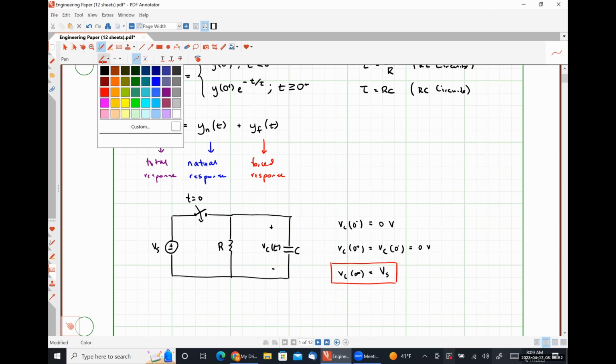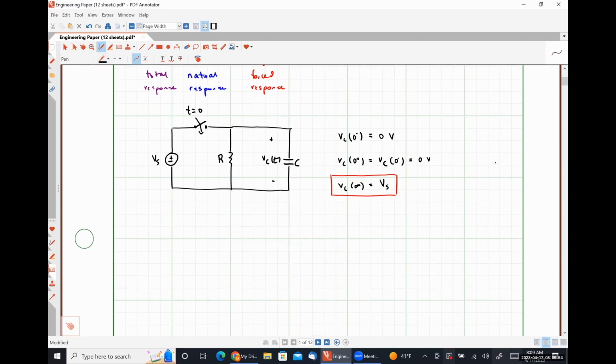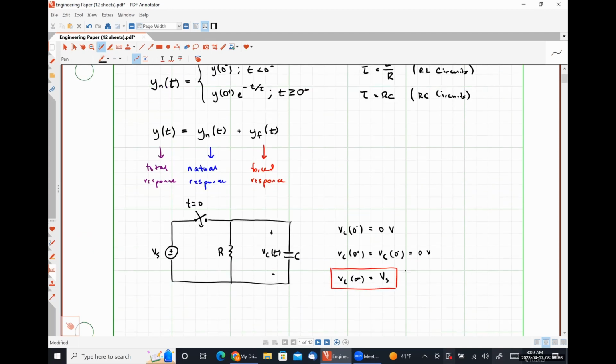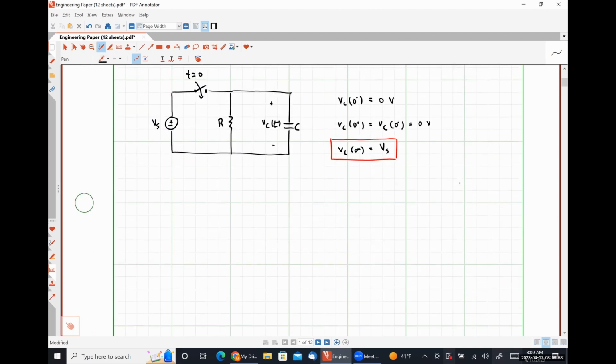So if we use these results and develop an equation for our total response, and I'm telling you right now that this is going to have an error in it that we're going to fix, so maybe don't write it down just yet.